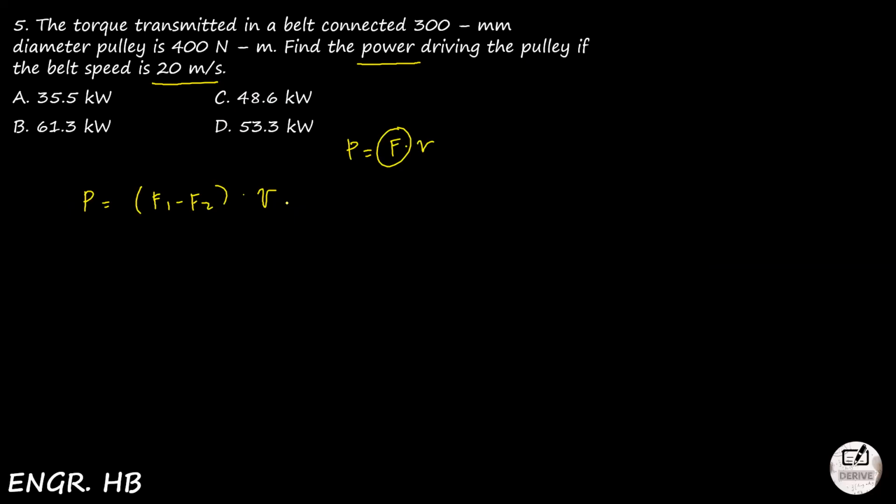So isa-isahin natin. So CB, meron na siyang 20 meters per second. Ang hinahanap na lang natin is itong net belt pull. So saan natin mahahanap? Meron tayong given na torque. Ang sabi, the torque transmitted in the belt is 400 Newton meters. And meron tayong diameter na 300 mm.